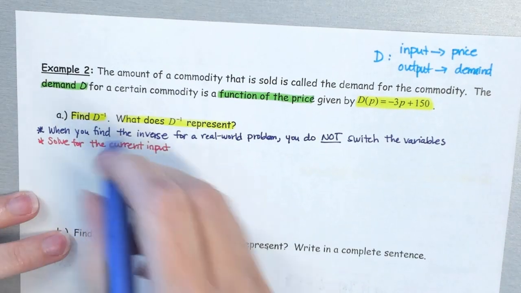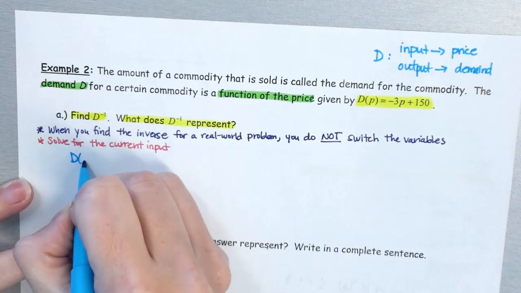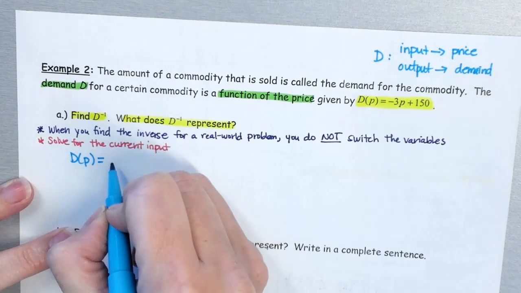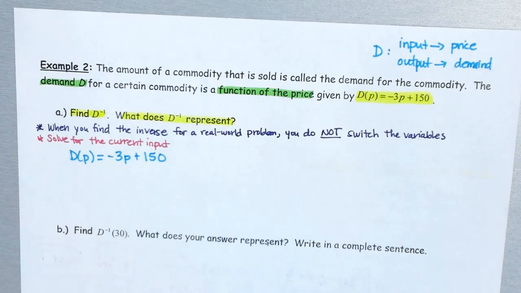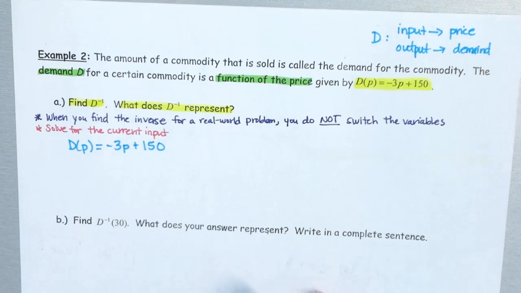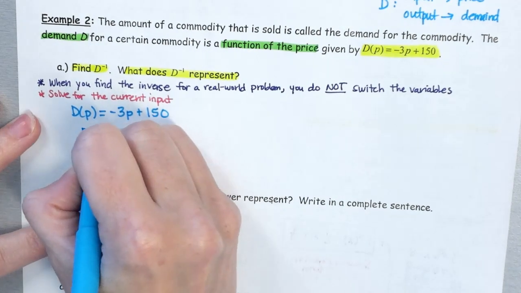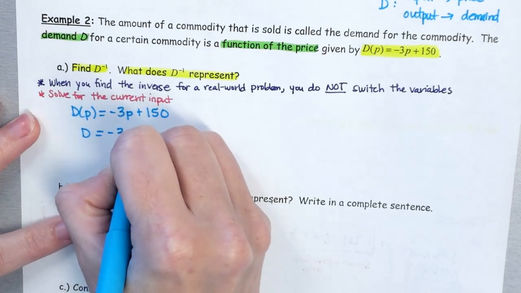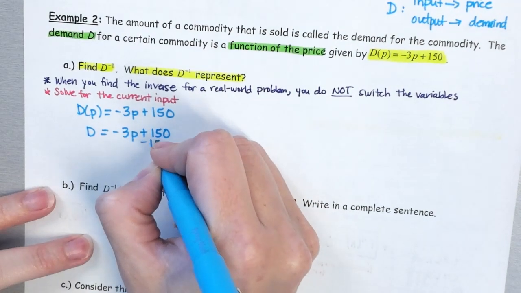Right? So if you have D of P equal to negative 3P plus 150, okay, they do shorten it up. So like instead of D of P, they'll just write it as D, and that's fine. Okay, so we would subtract 150 from both sides.